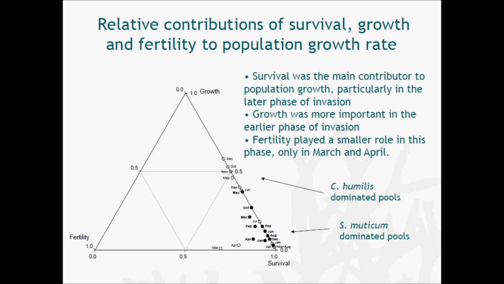Once there is no Cystoseira, it's survival. You don't really need to grow a lot, because if the survival of your individuals is good, that's what you need to continue there. So this is the relative contribution of the demographic traits to the population growth rate, which is really what we are interested in when talking about invasive species.